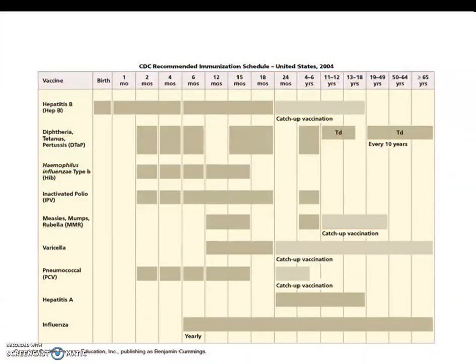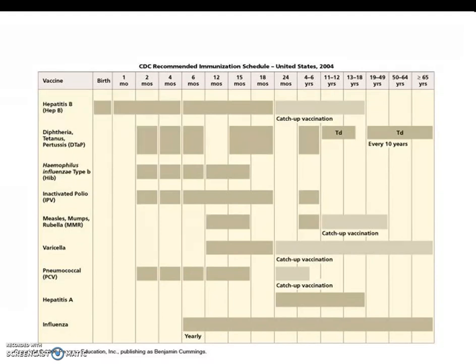I thought this table was interesting. This is in your book on page 495, and I did not update this slide. The one from your new textbook is actually from 2014.